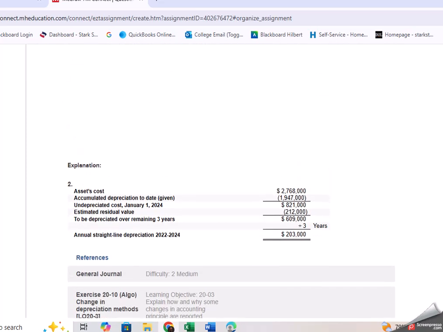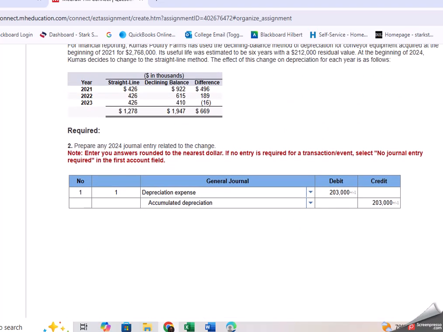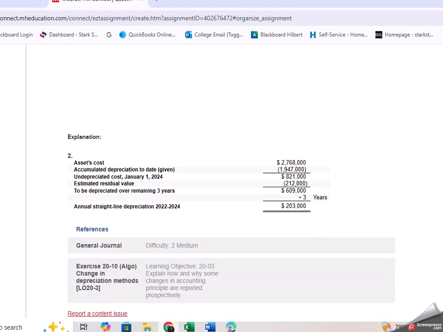So let's go down here. Yeah. So we've got our asset's cost of 2,768,000 less our accumulated depreciation, which is what's given to us up in this table. That tells us how much depreciation expense they've taken. So their undepreciated cost at January 1st of 2024, when they make that change, is $821,000.